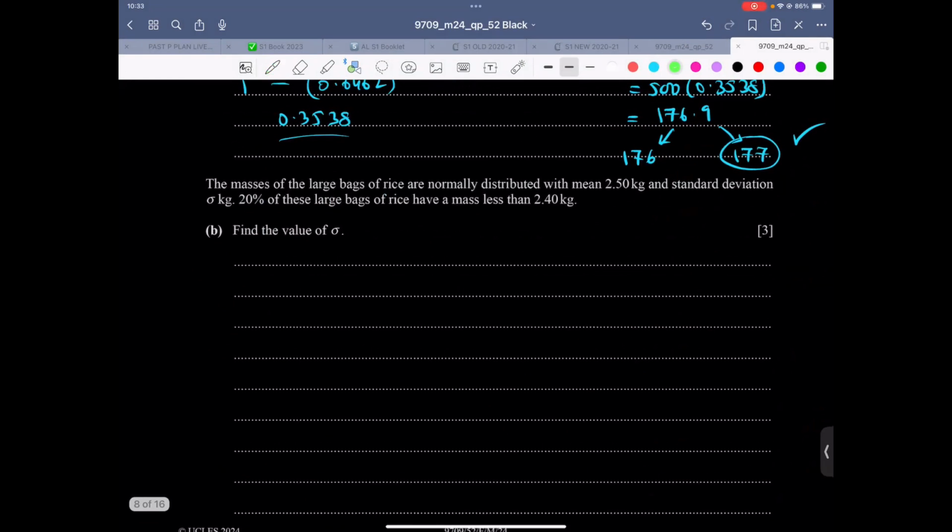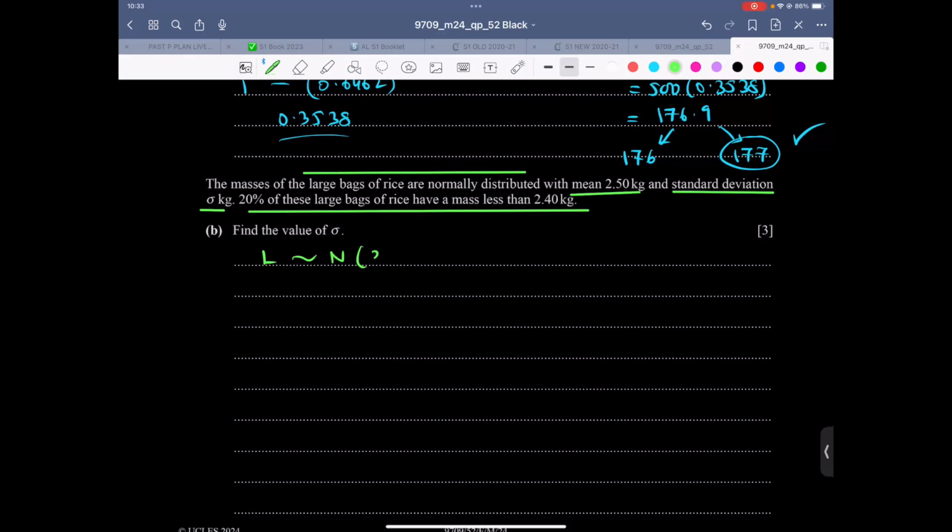Now it says the masses of large bags of rice are normally distributed. That's the mean, and the standard deviation is unknown. 20% of these large bags have a mass less than 2.40. So now we will write L for large follows a normal distribution 2.50 comma sigma square.